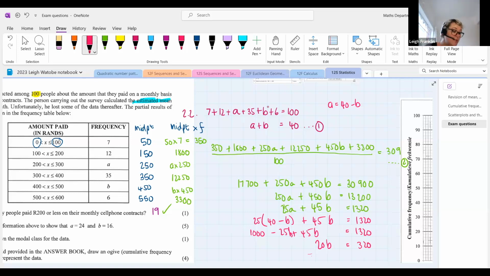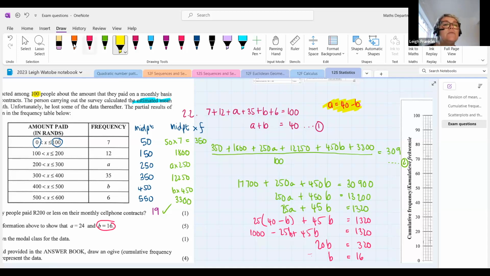And 320 divided by 20 means that B is equal to 16. Okay, so I've got the first part of my answer. B is equal to 16. Now when I want to solve for A, I'm going to go back here and use that equation.